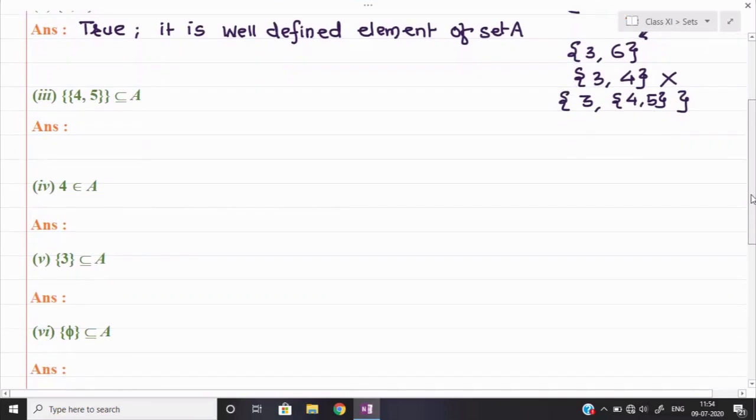Now see part number three. {4, 5} along with the double curly bracket is a subset of A. I have just explained this, so this statement will be true.